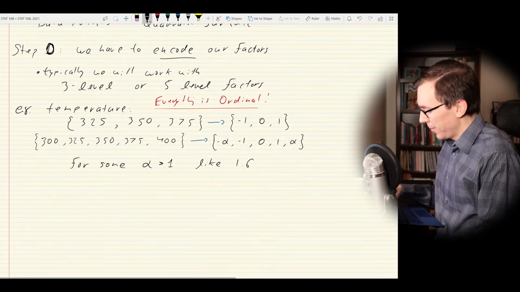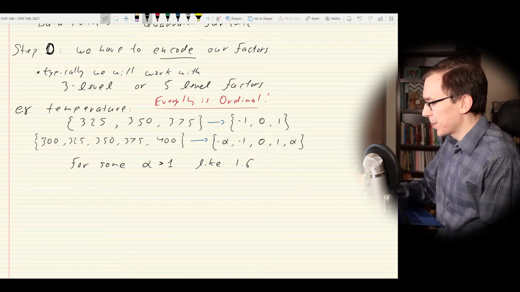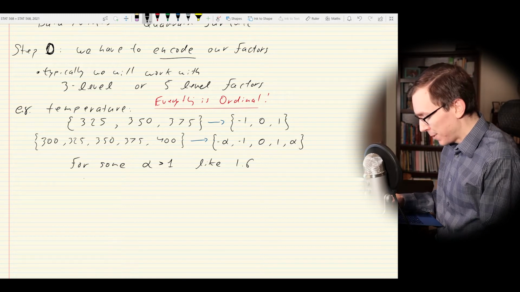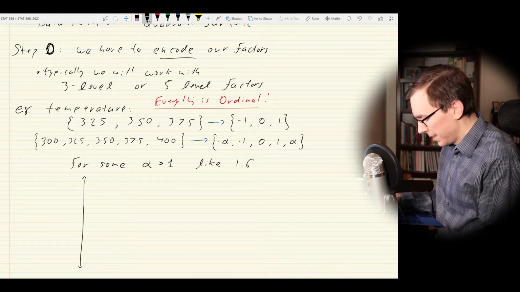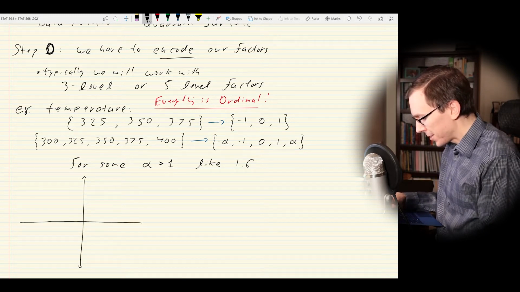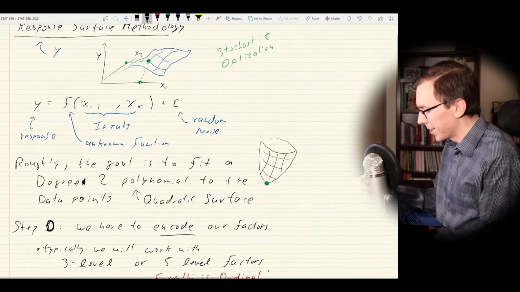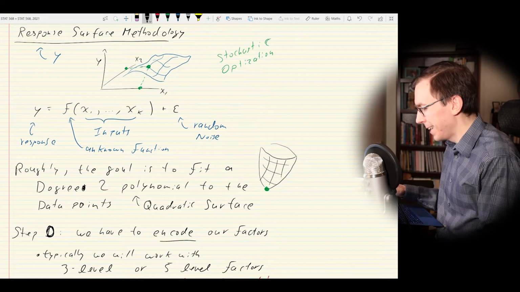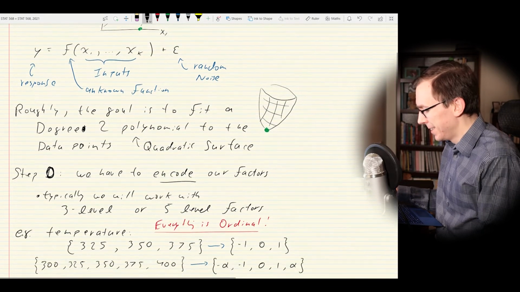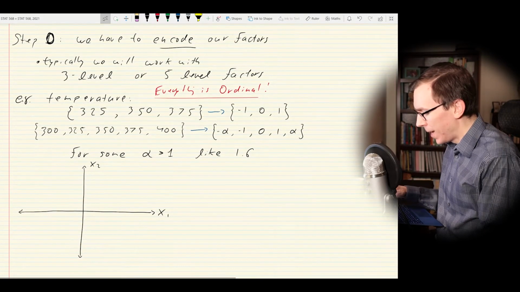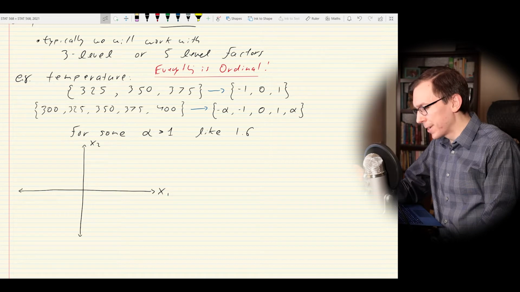So what this might look like if we were to draw a picture is that we might have, say, 2 factors, encoded factors, x1 and x2. This is the plane that I kind of drew up here, right? We have the x1 and x2 plane, and we're trying to find the values of y, but we have to figure out where to put our data points first.